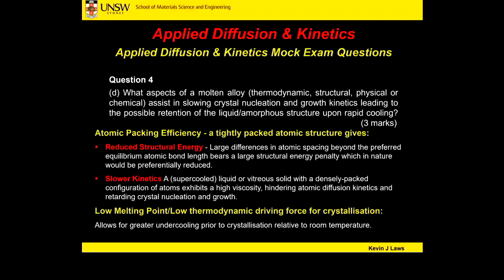Okay. Essentially, the viscosity of the liquid will also increase. That's something we observe. So when we hinder diffusion kinetics, we hinder nucleation and crystal growth kinetics. If atoms can't rearrange themselves to form a nucleus, then crystallization and growth is slowed down dramatically.